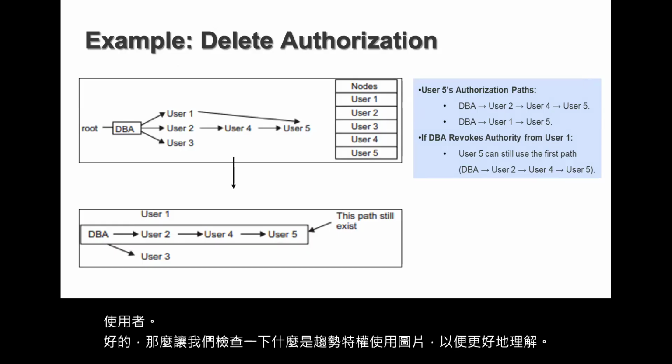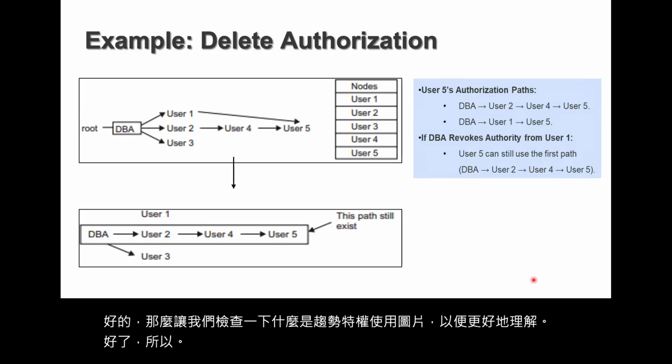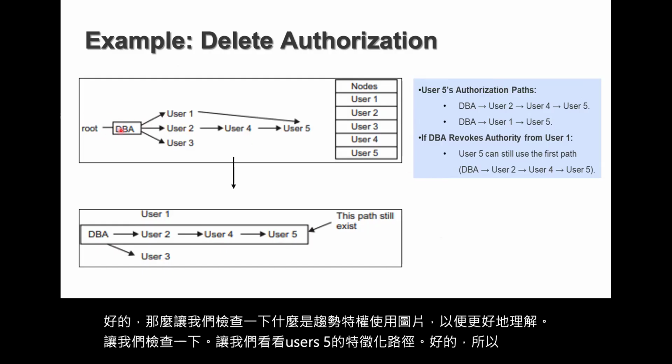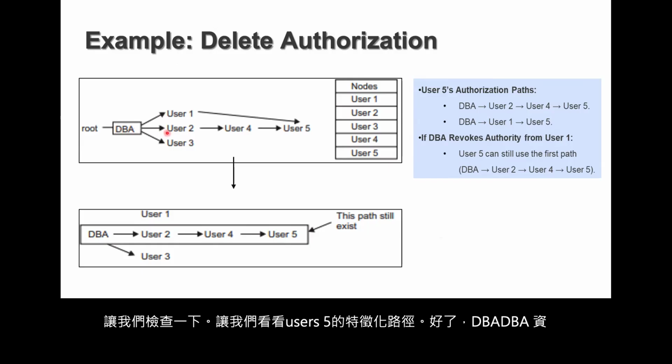All right, so let's see the user's file authorization path. Okay, so the DBA, the database administrator, gives delete access to user two.